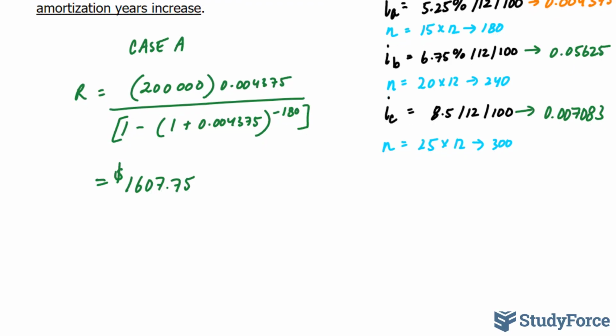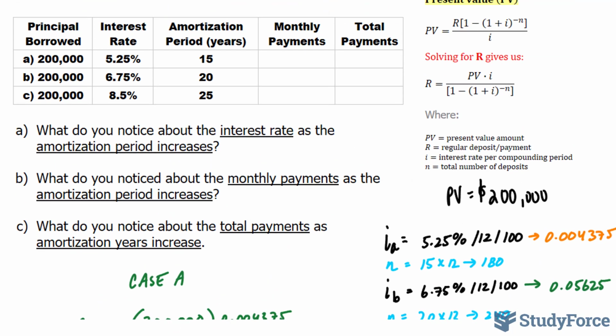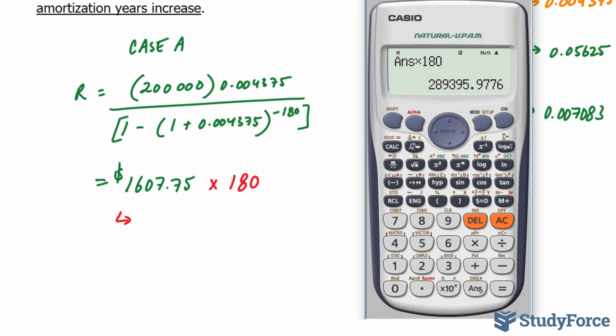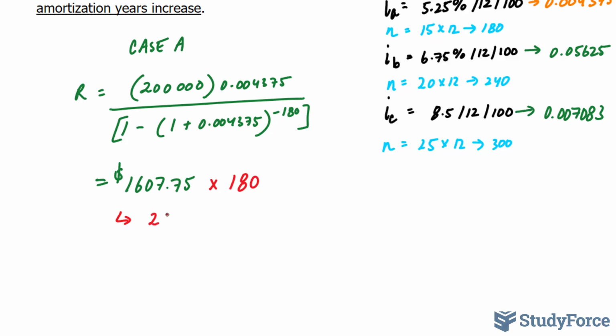$1,607.75. Now, if you remember, the chart above also asks for the total payments. So to find the total payments, you'll take your monthly times the number of payments that you'll make, which is 180. And this gives us $289,395. Now we can fill in the chart above.